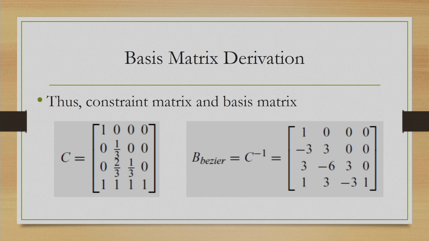Now, from that rearranged form we can get the constraint matrix as shown here. This is the constraint matrix. Then we take the inverse of the constraint matrix, C inverse, to get the basis matrix representation of the Bezier curves, which is something like this.